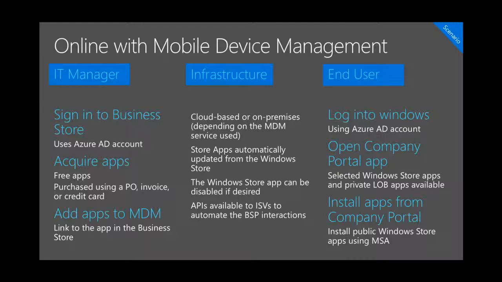Unless you don't want that, and you want to manage it, then you can block the updates from the Windows Store, download new versions of the app, and provision them through your MDM system, if that is your preferred way of working. So you have a lot more control over how apps are being distributed to your environment.